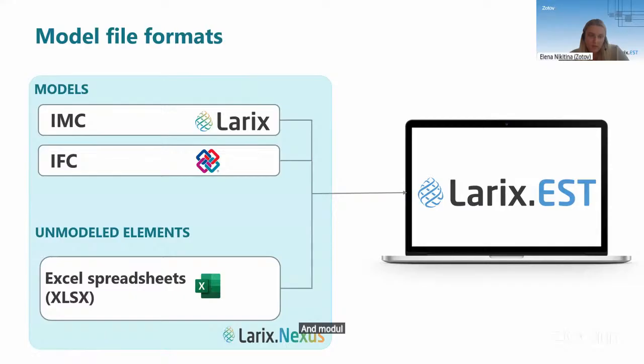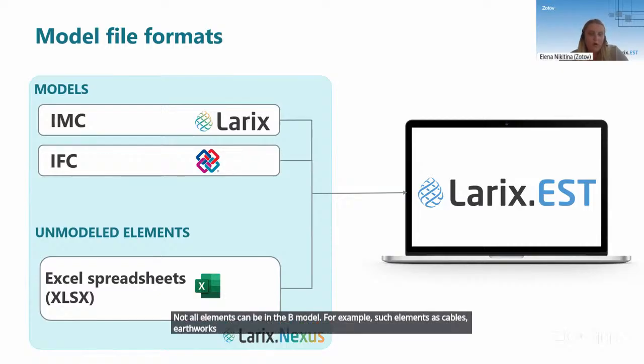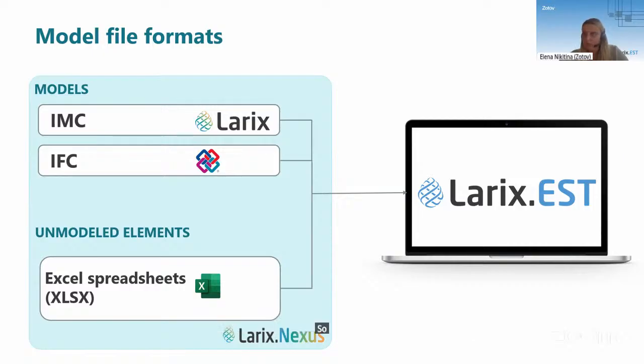And the last one is the unmodeled elements. Not all elements can be in the BIM model. For example, such elements as cables, earthworks, or temporary structures may not be included in the model, but we need these elements to calculate the bill of quantities, to make the calculation, and we can use Excel to provide this information.